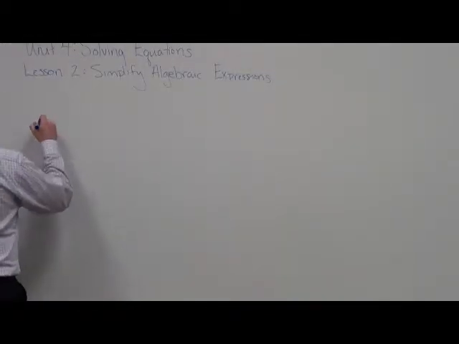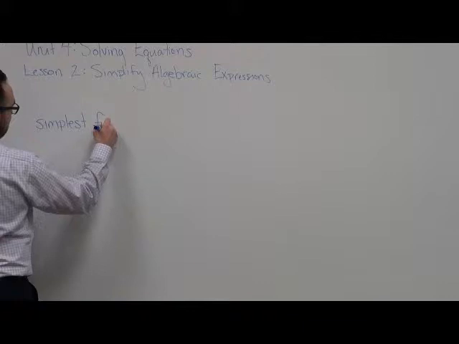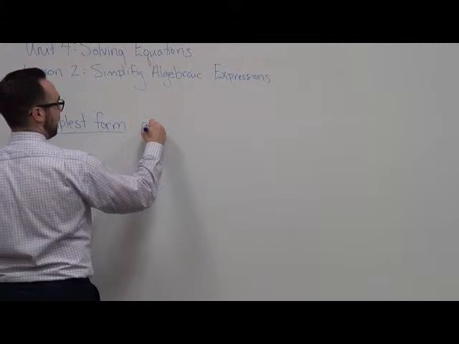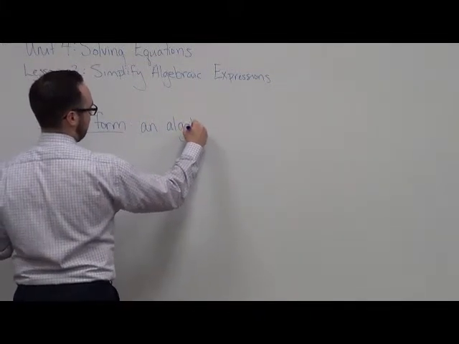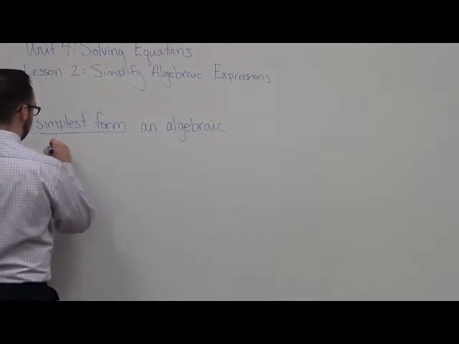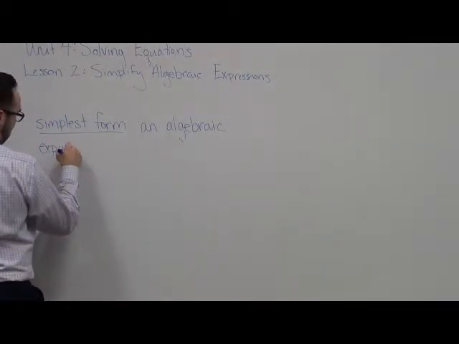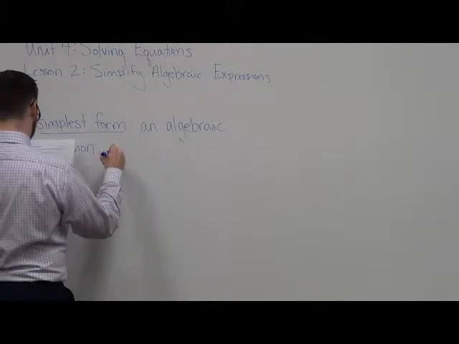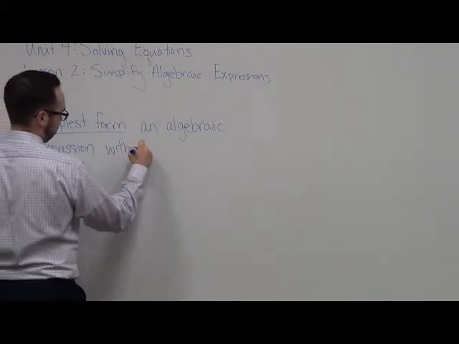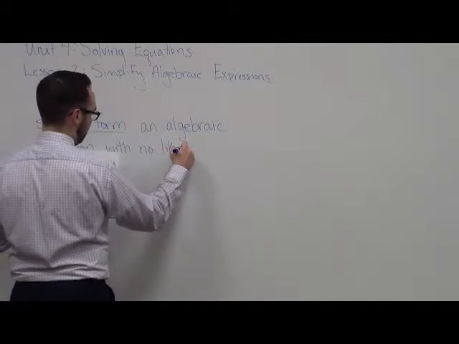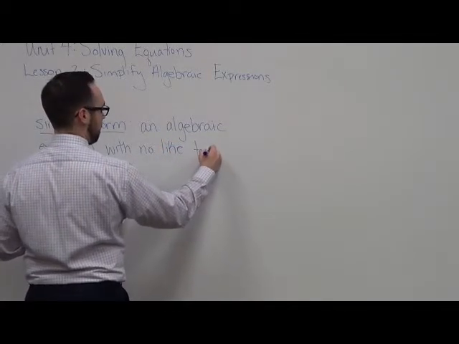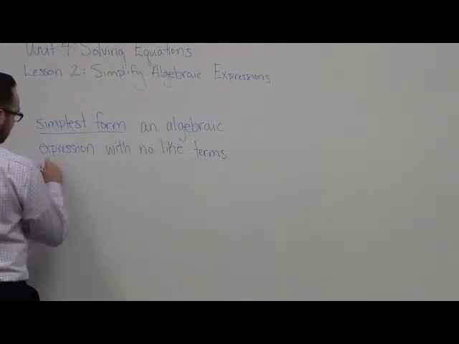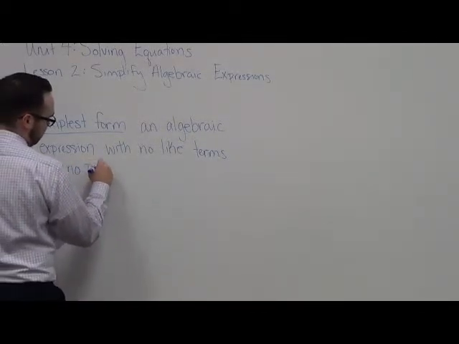First one being simplest form. So simplest form is an algebraic expression with no like terms and no parentheses.